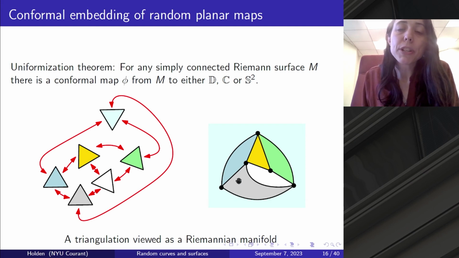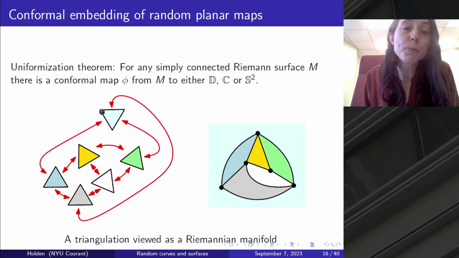I will be considering the special case of what we call a triangulation. A triangulation is a planar map where all the faces have the shape of a triangle. We can observe that this triangulation defines a Riemannian manifold.